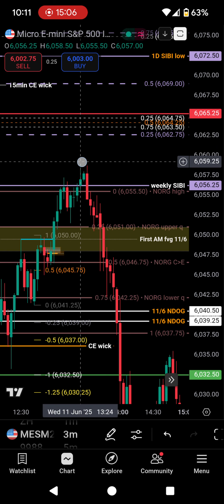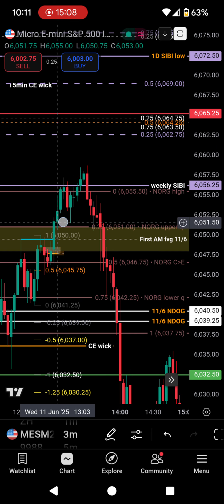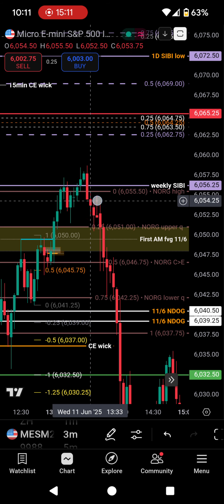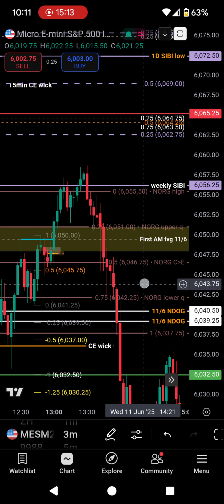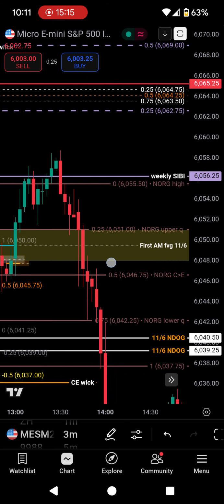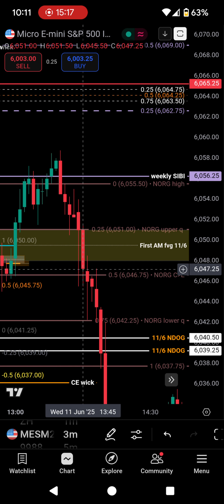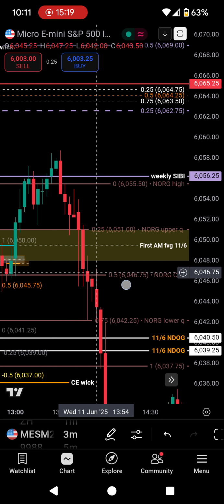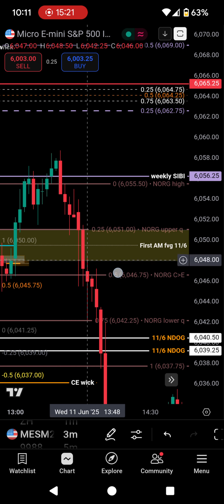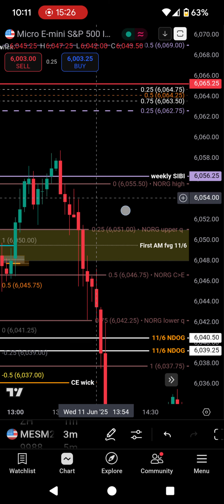Then we reject lower, bearish market structure shift at the new opening range gap low, boom boom boom. We close below the first fair value gap, and here when the end pops, I can take my entry. Stop loss has to be placed where? Stop loss has to be placed here, okay?